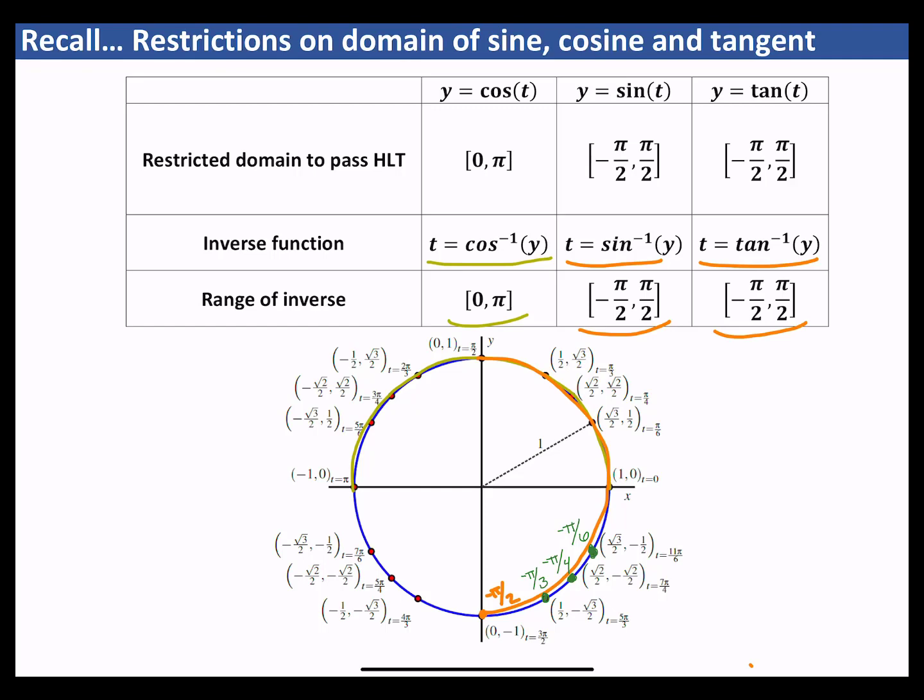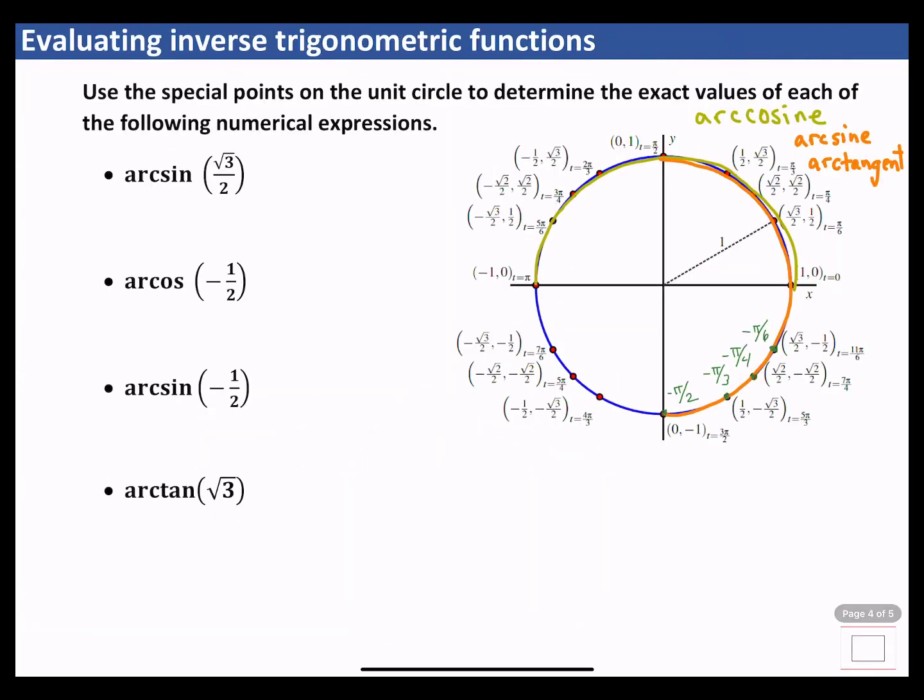Now that we've reviewed the restrictions required for the inverse sine, cosine, and tangent functions, let's practice evaluating some inverse trigonometric functions. So we're going to use the special points on the unit circle to determine the exact values of each of the following numerical expressions.